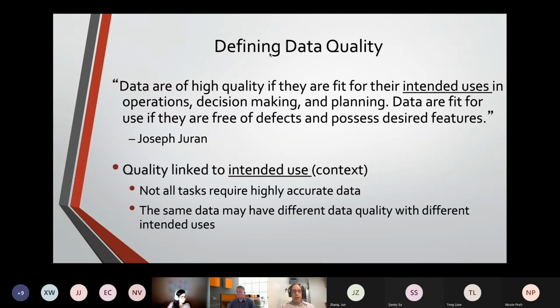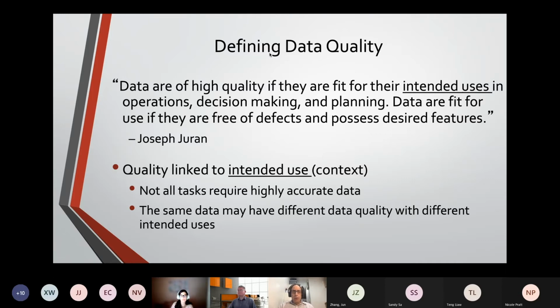That data quality is really linked to its use, and that makes it very context sensitive. Some examples: it is quite possible to do very interesting data discovery using data that have flaws. You do not need perfect data to do science.